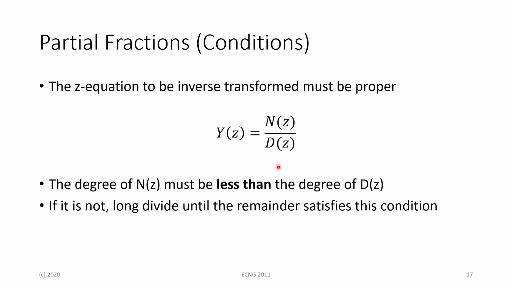If the equation does not satisfy this condition, you need to long divide the entire equation until you get a remainder that satisfies this condition, and then you can perform partial fractions on the remainder. Because the remainder here will just become the remainder divided by the denominator.